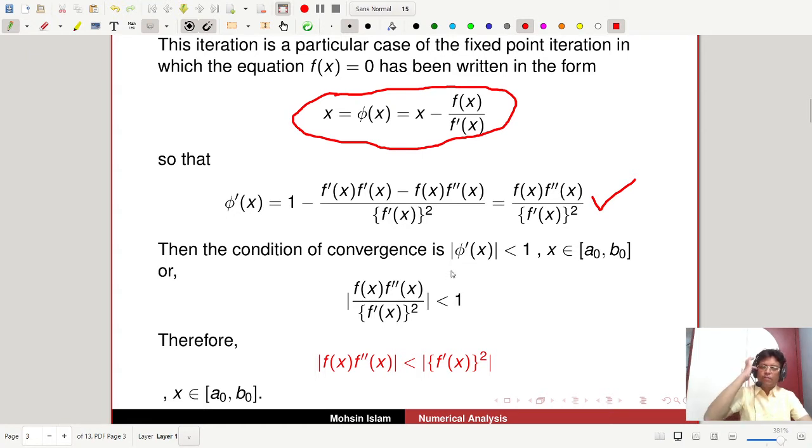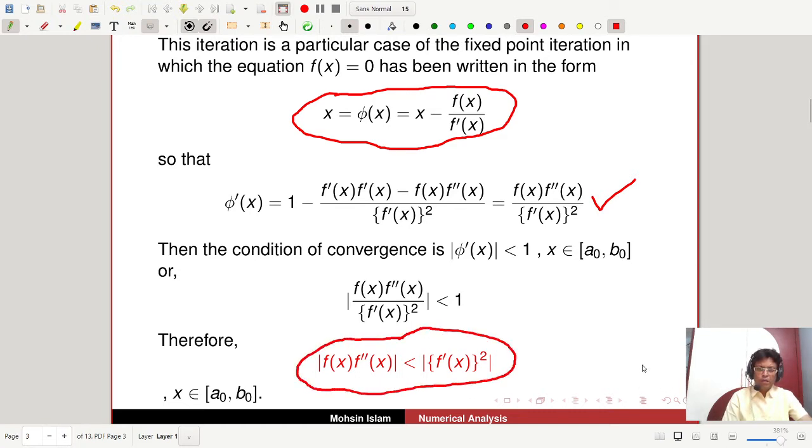And you know that the condition of convergence for any iterative method is modulus of phi'(x) less than 1. So in this case also, you are getting a condition of convergence for the Newton-Raphson method. This is the condition of convergence, not the order of convergence.